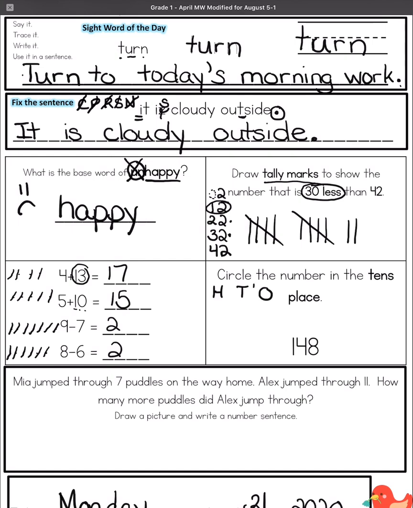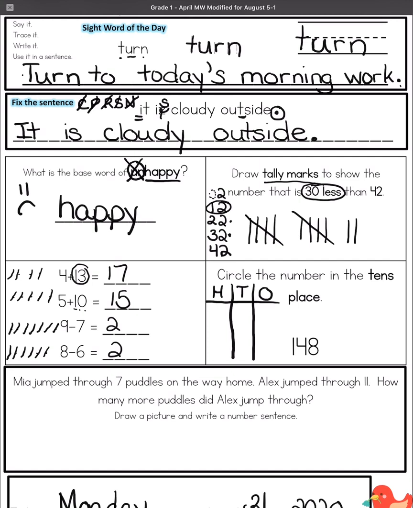And I always like to think of the term H2O. First of all, it reminds me of water, which I should always drink. So I'm going to take a quick sip. But water is H2O. In high school, that means something important. Here in second grade, HTO means hundreds, tens, and ones.